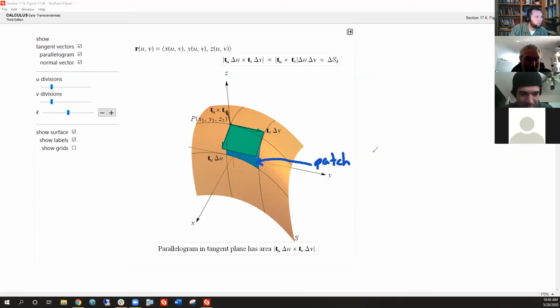So we want to find the surface area of this blue patch, but patches are way too complicated for us. So rather than doing complicated stuff with patches, we're going to focus instead on this shape here. Anybody know the shape? It looks a little like a rectangle. It's not a rectangle. It's a parallelogram.